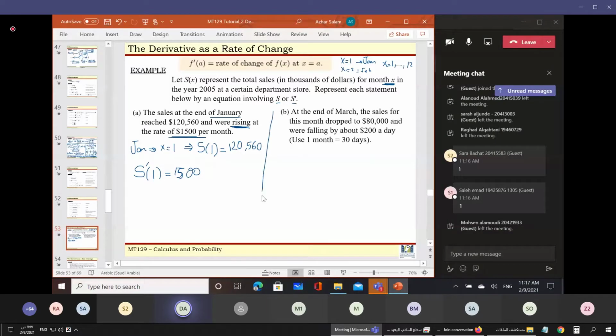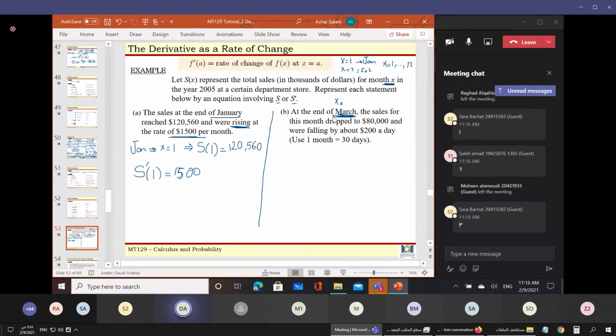Also for the statement B, at the end of March means that X equals to, we said here that X is the number of the month. X is equal to what? March. Yes, it's equal to 3.